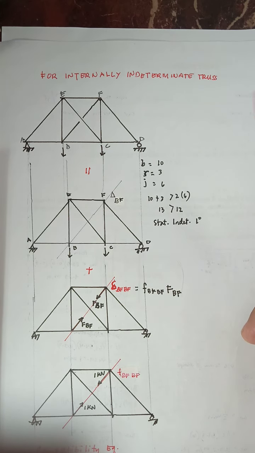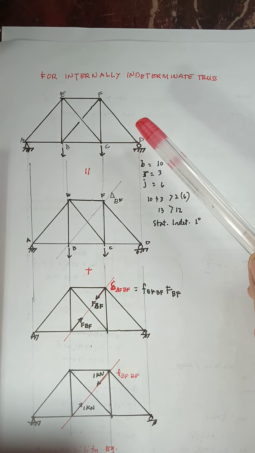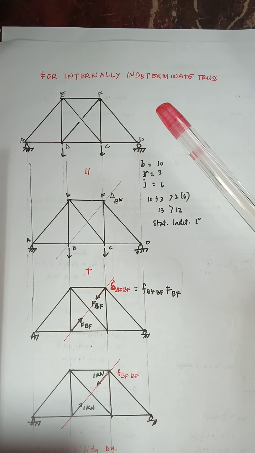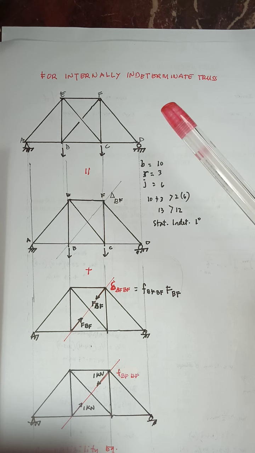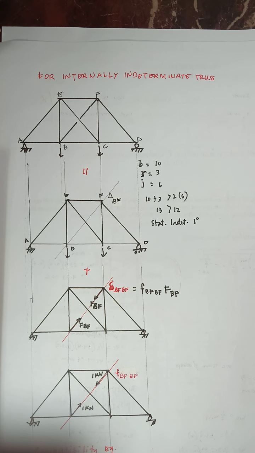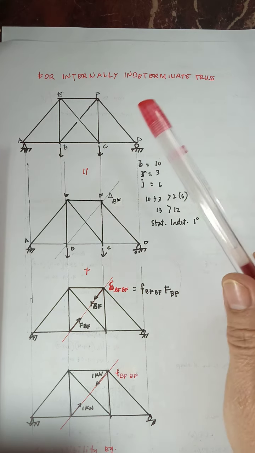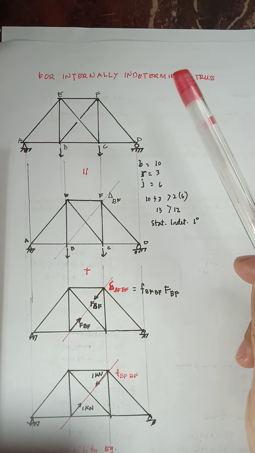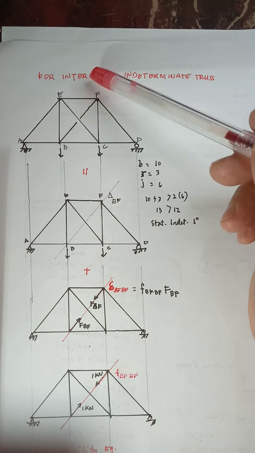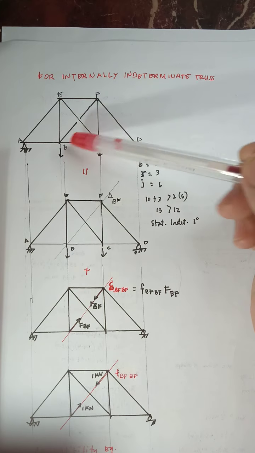Considering this truss, since it is statically indeterminate to the first degree, there is one member that makes it indeterminate. So in the force method of analysis, you take out one member that makes it indeterminate. In the middle panel there is an X bracing.